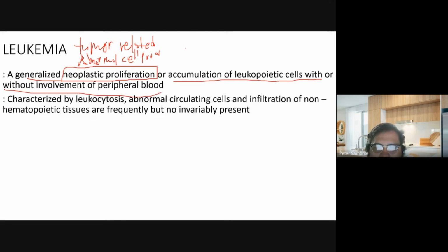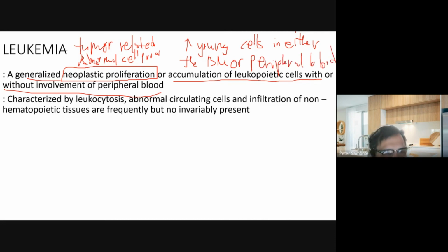Basically, class, this is increased young cells in either the bone marrow or peripheral blood.